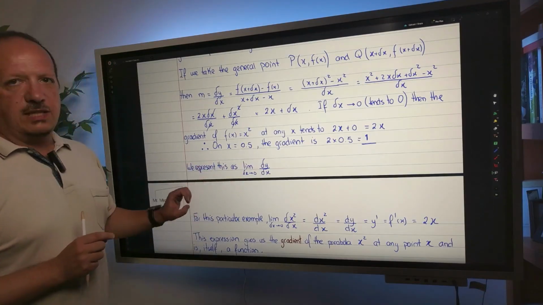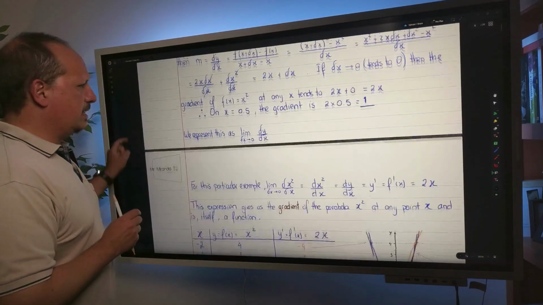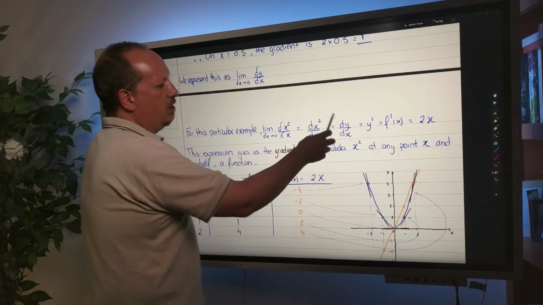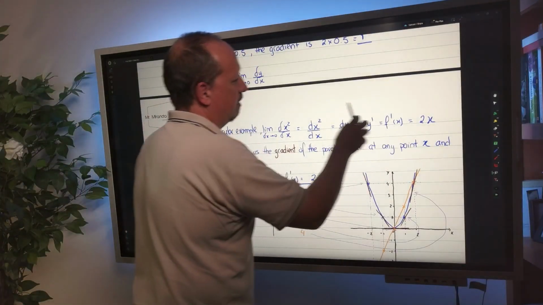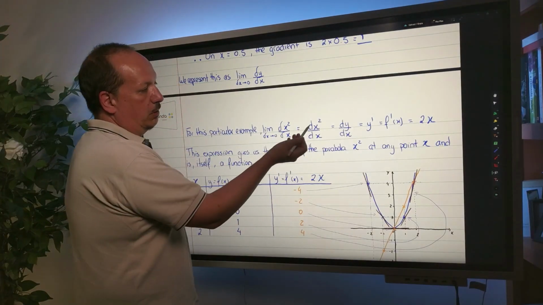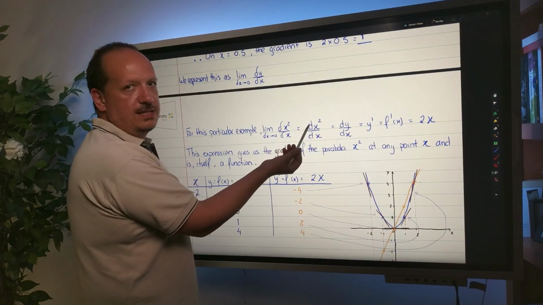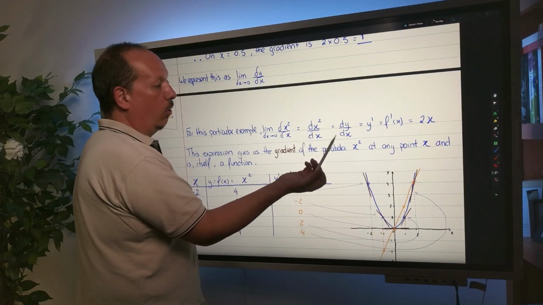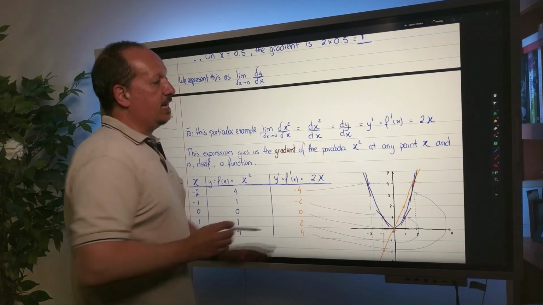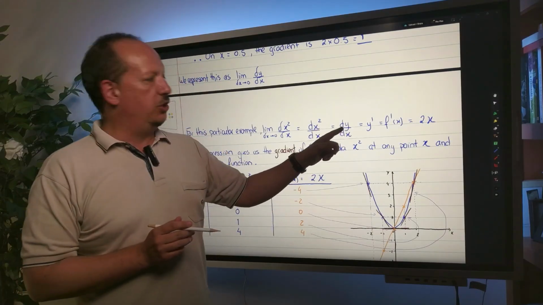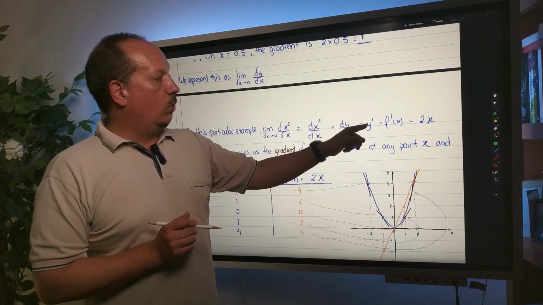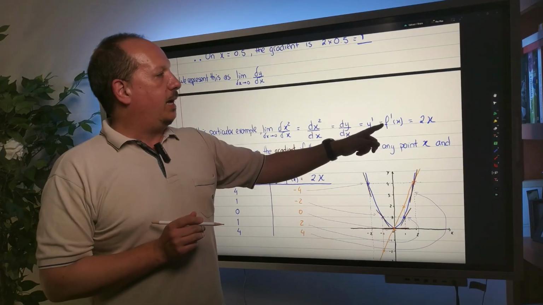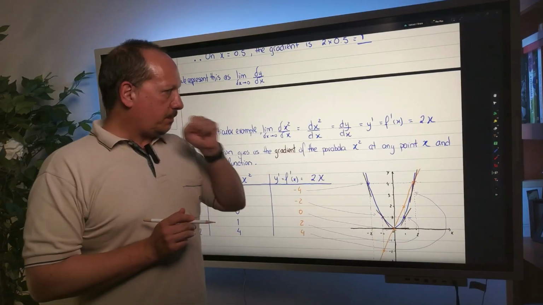You are not going to see this many times though, all right? You are going to see any of these expressions. All of these, in this particular case, the function is x squared, so you can see it as d x squared over dx, or dy over dx, this is more general for whatever function y, or y dashed, okay, this is very common, or f dash of x.